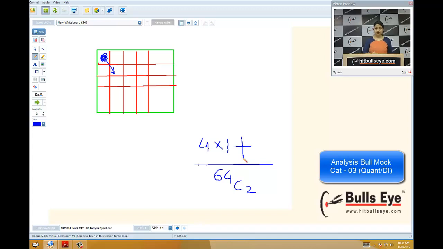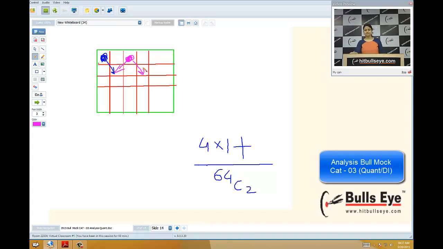Plus, now I'm taking an edge square. For example, this square, the pink one, and we want one corner common. For one edge square, 2 squares can be chosen. How many edge squares are there which are not corner squares? On every side of the board we have 8 squares.